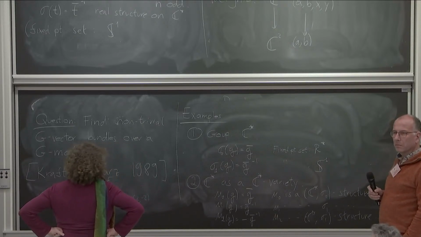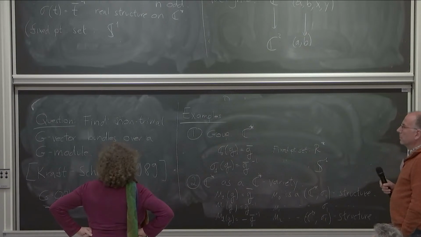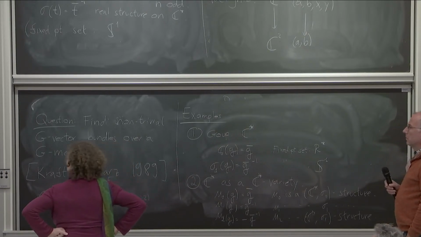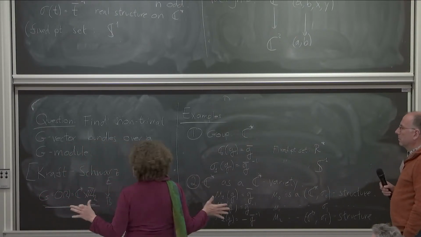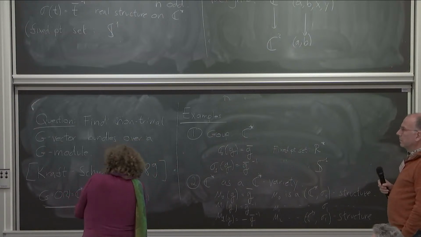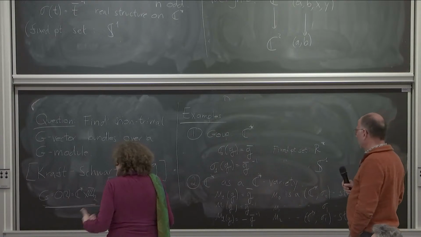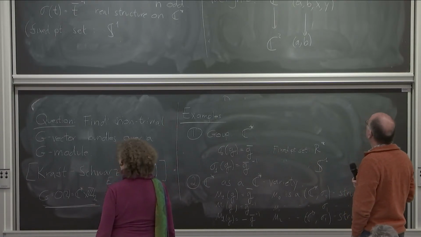It's a circle action on R4, and all the foliations, all the orbits of the circles are diffeomorphic. The reason that they're different is algebraic.